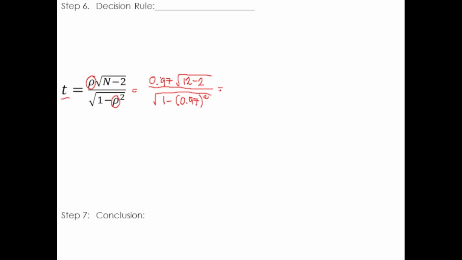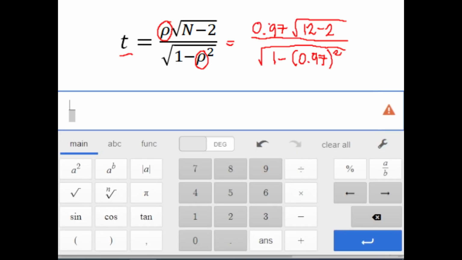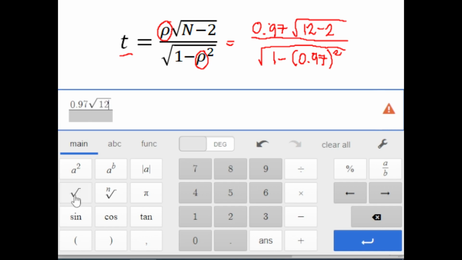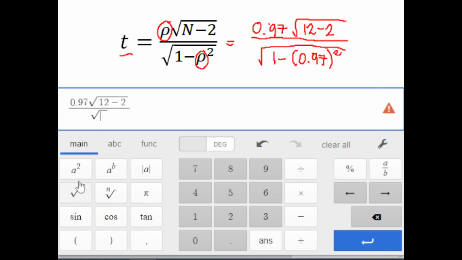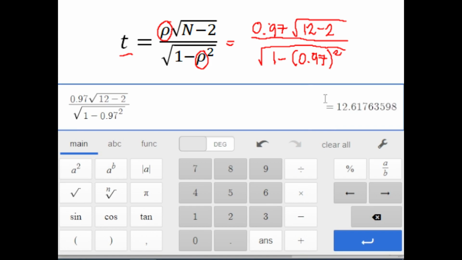Okay, ito po yung ating papress sa ating calculator. So, ito ay 0.97 times the square root of 12 minus 2. Sa denominator po natin, square root again, 1 minus square ng 0.97.